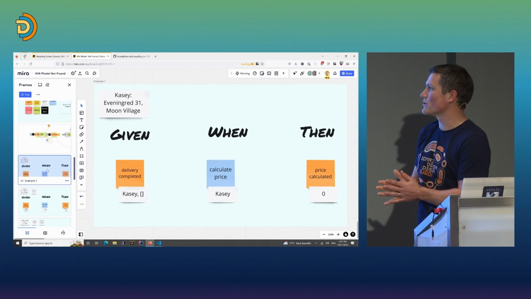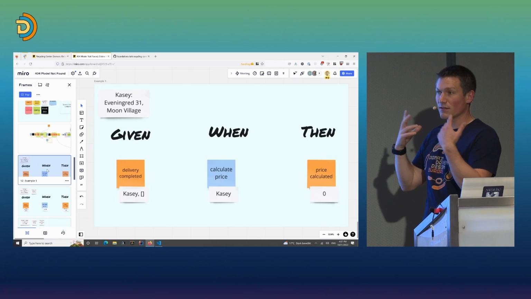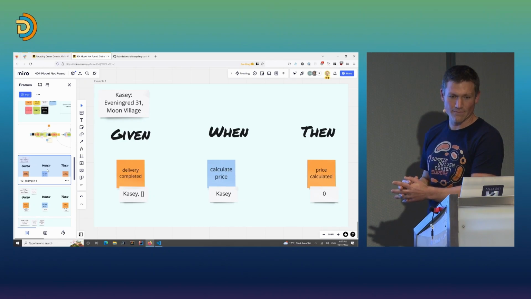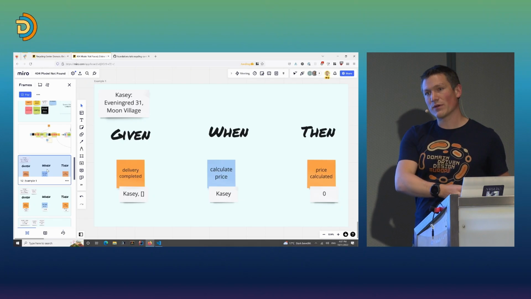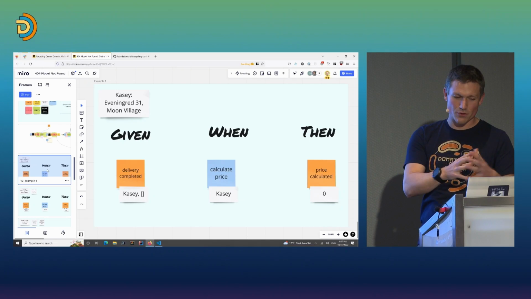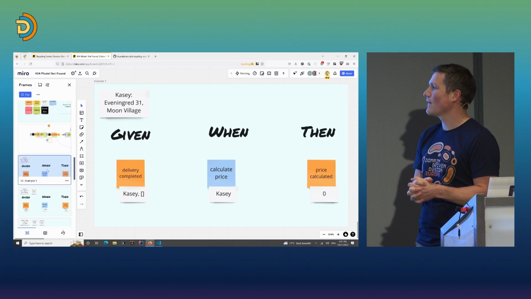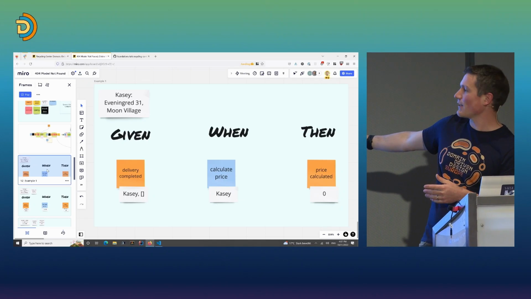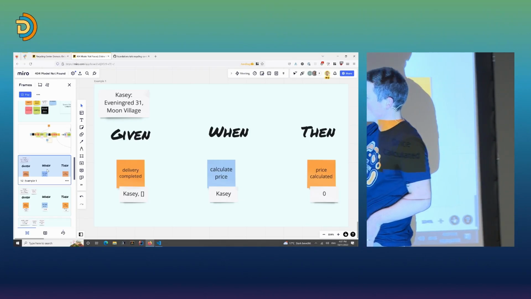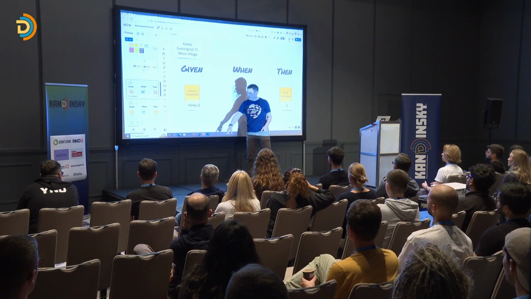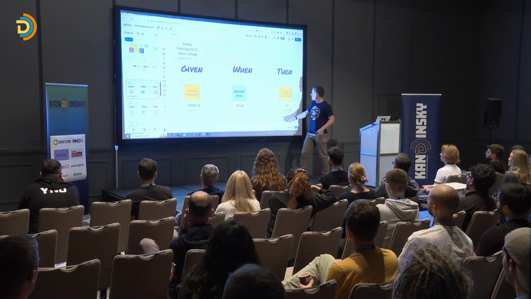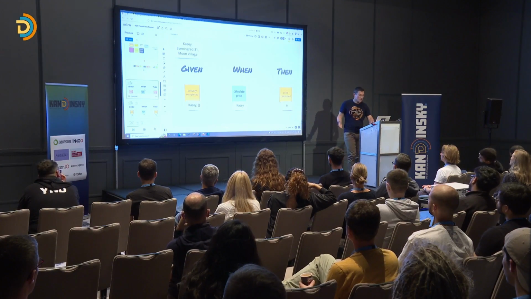Now, what are the rules? I've created 9 examples in the style of given, when, then, and I've already translated those into code. We're going to see them in a second. Basically, when you're not dropping anything at all, so the delivery was completed empty, when we calculate the price for KC, the price should be 0.